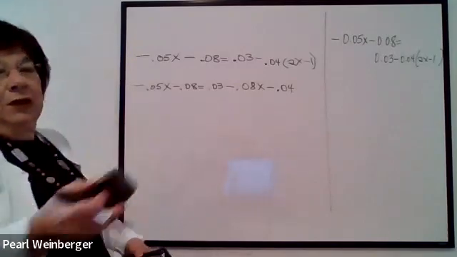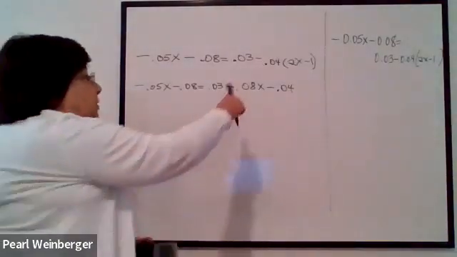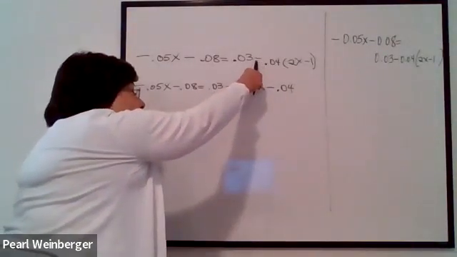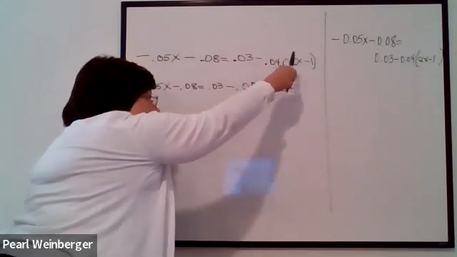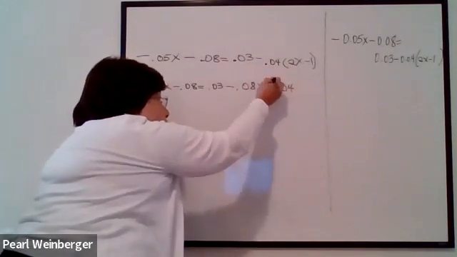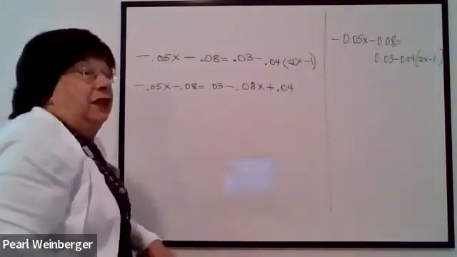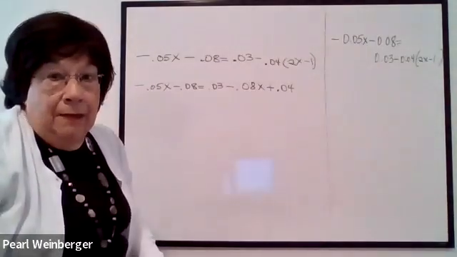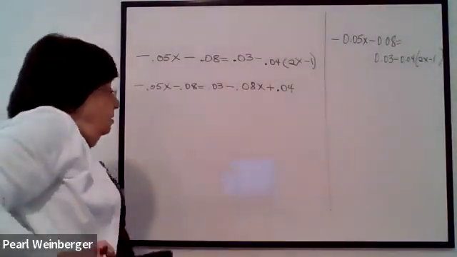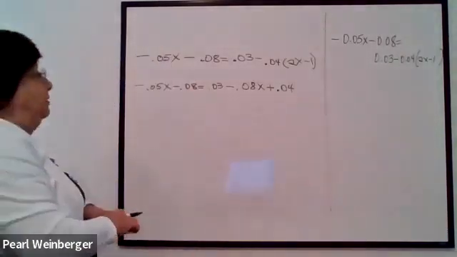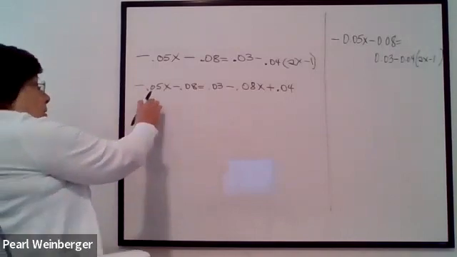Easy for me to correct my mistakes. I just have to erase it with my board. I had over here a negative 0.04 times a -1. That should have been, nobody caught me on that one, a negative times a negative is a positive. Sorry, I made a mistake.